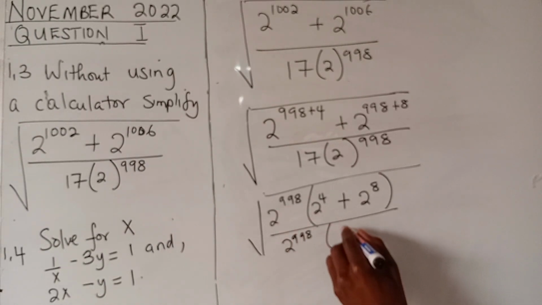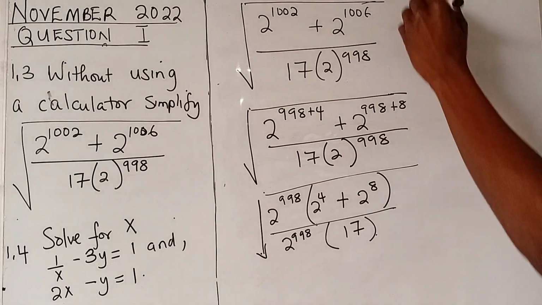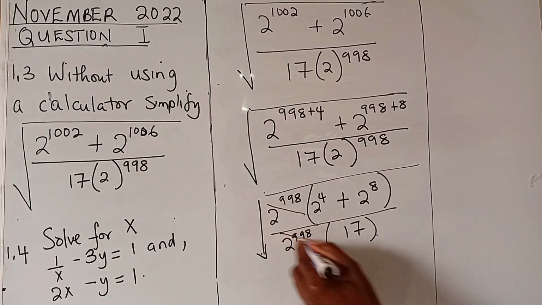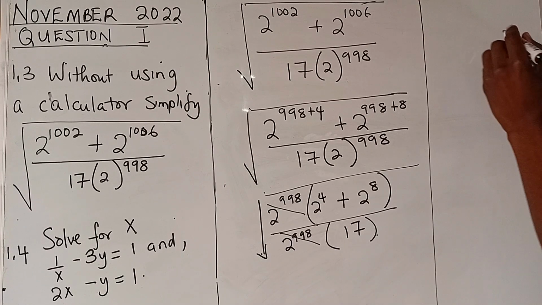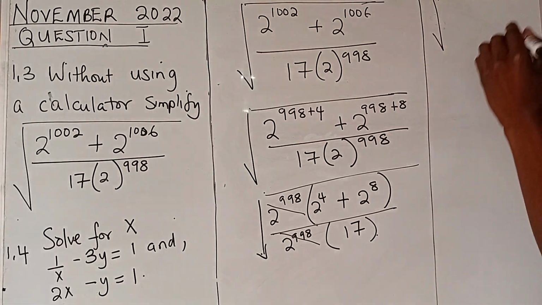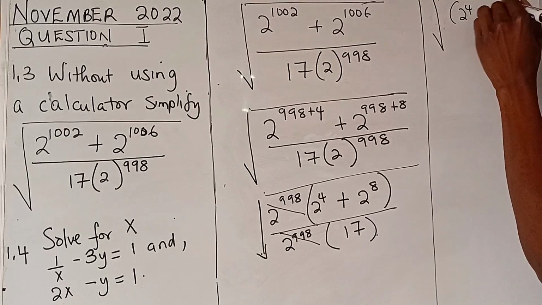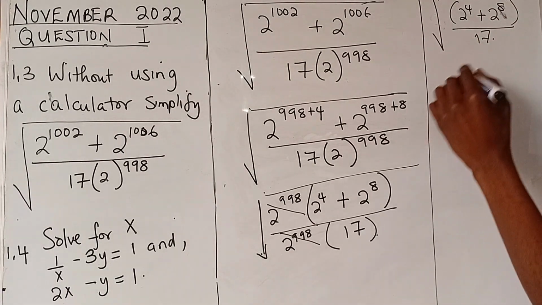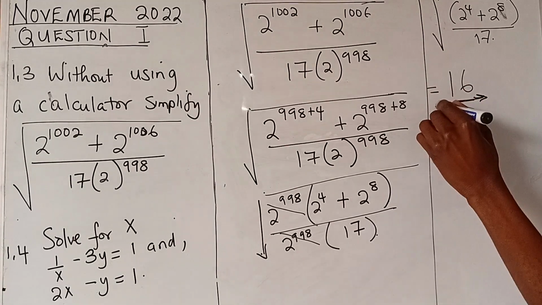Then here we are left with 17, all under square root, right? So from here, this 2 to the power 998 and 2 to the power 998 will cancel, and we are left with square root of 2 to the power 4 plus 2 to the power 8 all over 17. And when we simplify everything here, the answer that we get is 16. This is our final answer.